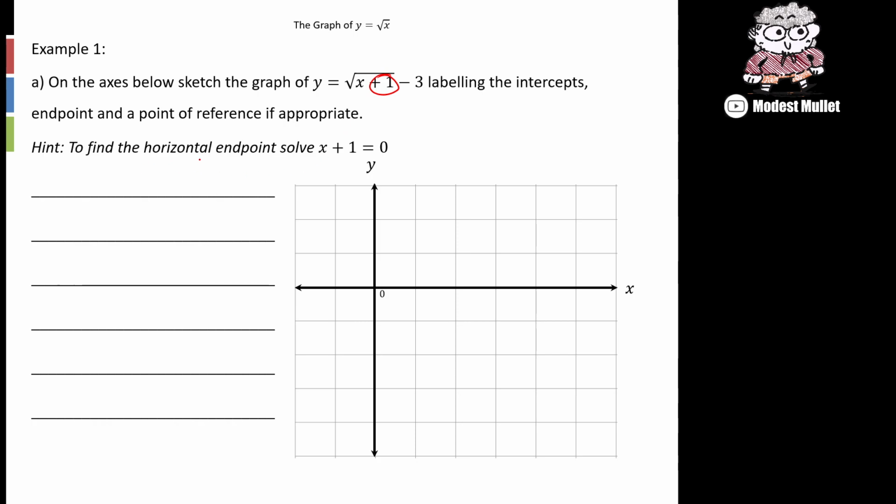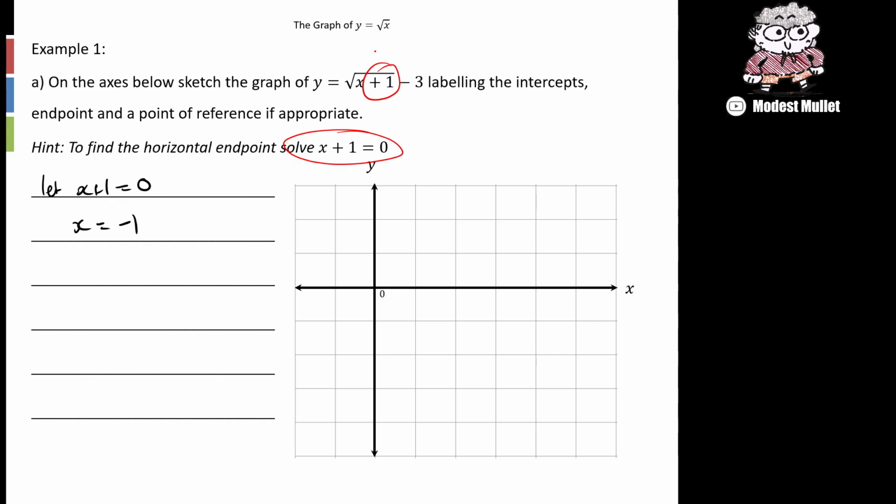So let's first do the full, complete way, where the endpoint is when that square root bit is equal to 0. So we let x plus 1 equal 0, and we get x is equal to negative 1. Also, if we're just thinking in terms of h, we can see that's plus 1.